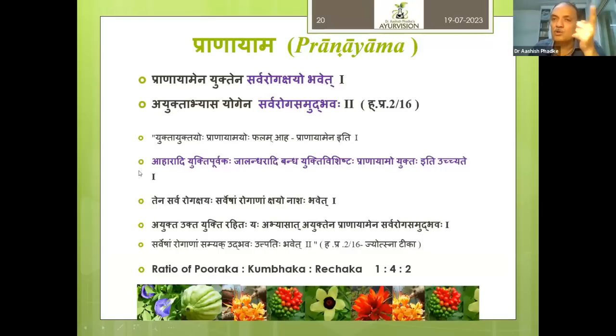Now if you don't do mitahar, if you don't follow the do's and don'ts in yoga with reference to diet, and if you don't apply the bandhas like Jalandhar Bandha, then Uddiyan and Mula Bandha, the way they have been mentioned in the scripture, and you do pranayam, then you may not get the right benefit of pranayam as mentioned. Then tena sarva rogakshaya sarvesham roganam kshayo nasha bhavati; ayukta yukti rahita abhyasat ayukta pranayamena sarva roga samudbhava. Same thing, whatever I have just spoken, has been mentioned in the tika.